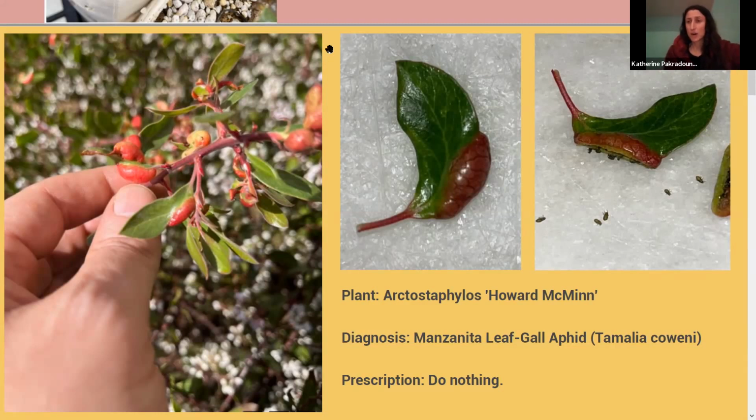They don't really harm the plant. They rarely, if ever, cause any kind of fatality to the shrub, and so it's really not worth doing anything about it. If you really can't stand it, you could pinch off the leaves just the way this one was pinched off. You can pinch off the leaves that are affected with it and throw them away. But it's really not worth any kind of particular management.